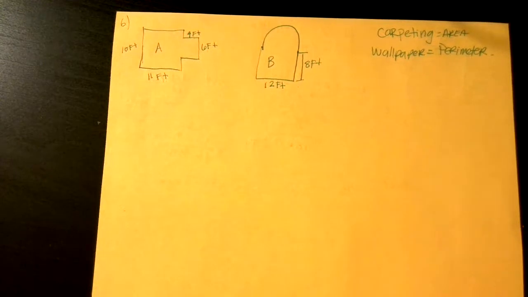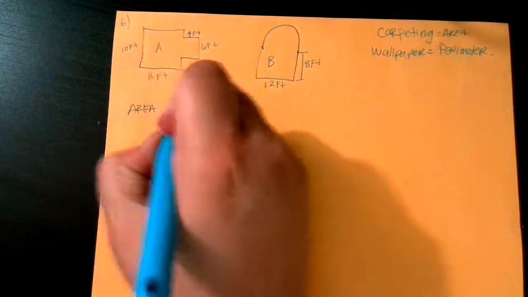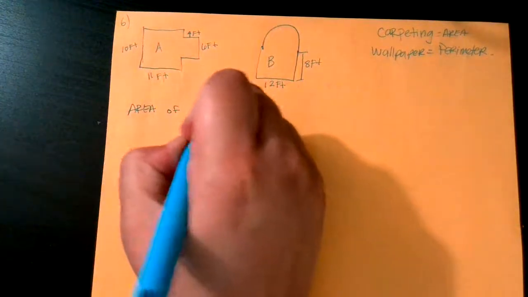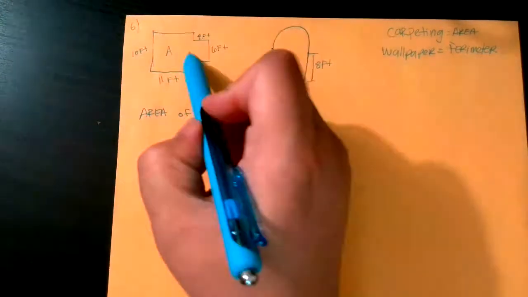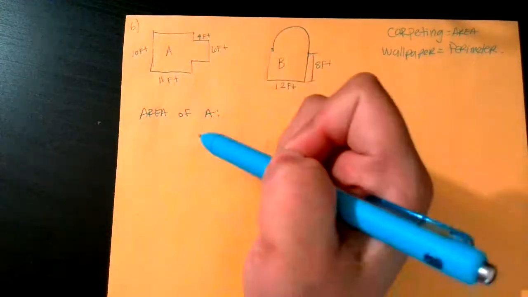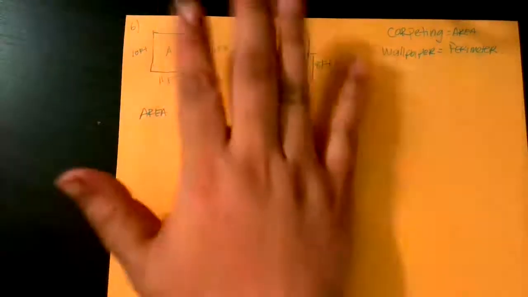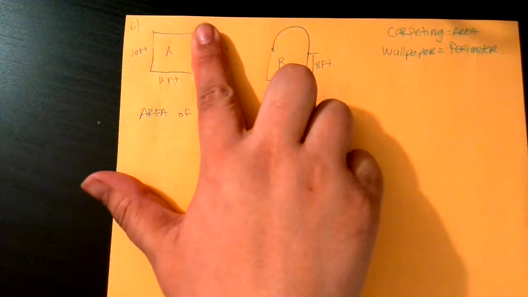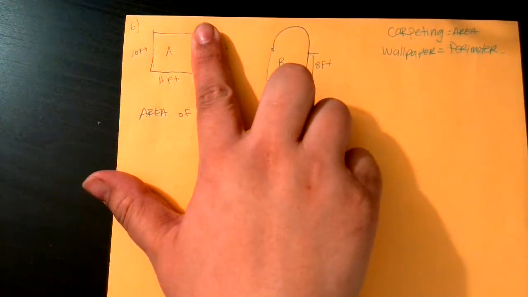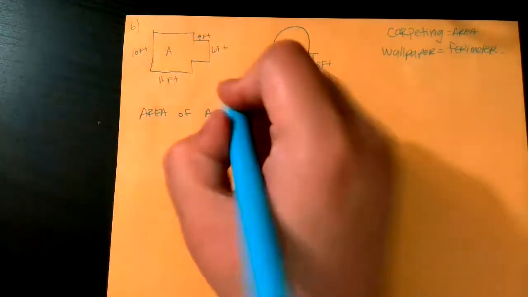So let's do area first. All right, so let's find the area of room A. So room A is basically two rectangles connected to each other. So the area of this first rectangle, we have 10 by 11, length times width. So 10 times 11 is 110, I believe.